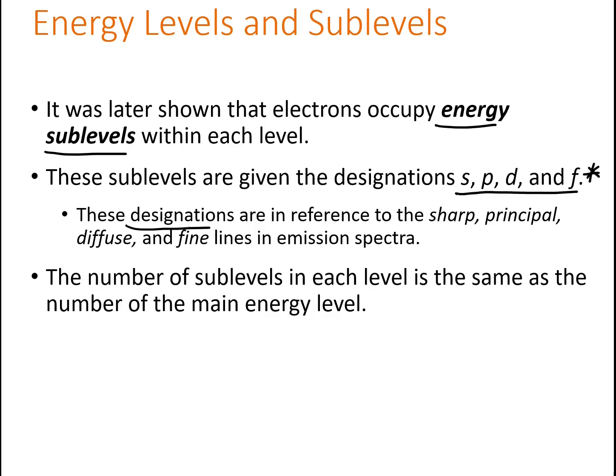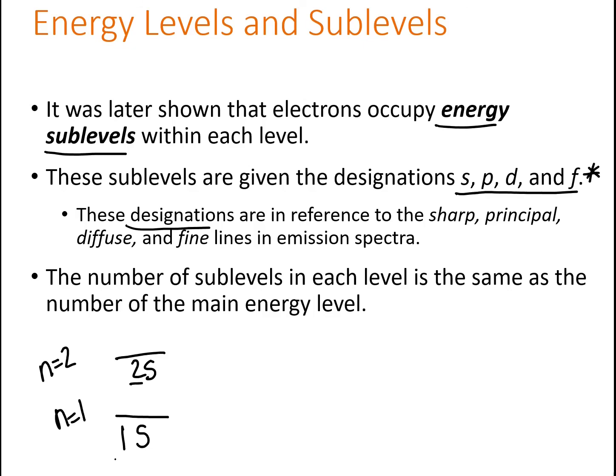The number of sublevels in each level is the same as the number of the main energy level. So if you're in n equals 1 and there's an s here, then you're in the 1s. If you're in energy level 2, then you're in the 2s. So that's what that means.